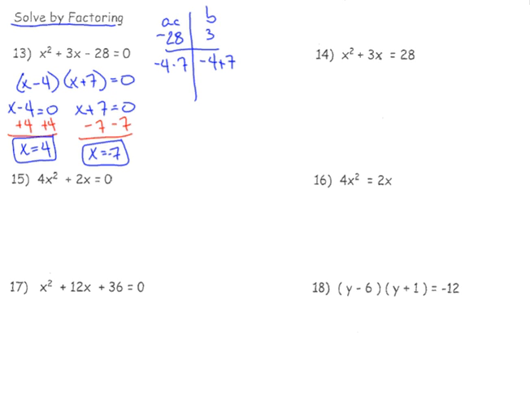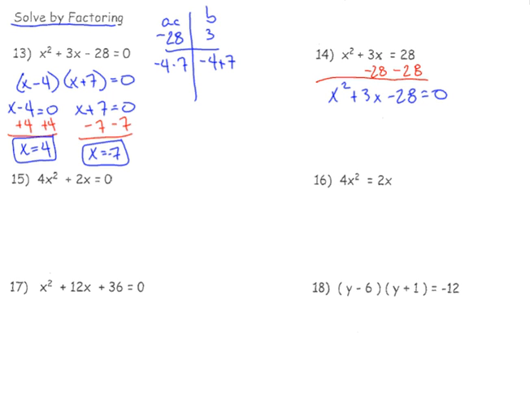Number 14. I first put my equation into standard form. I subtract 28 from both sides. I have x squared plus 3x minus 28 equals 0.